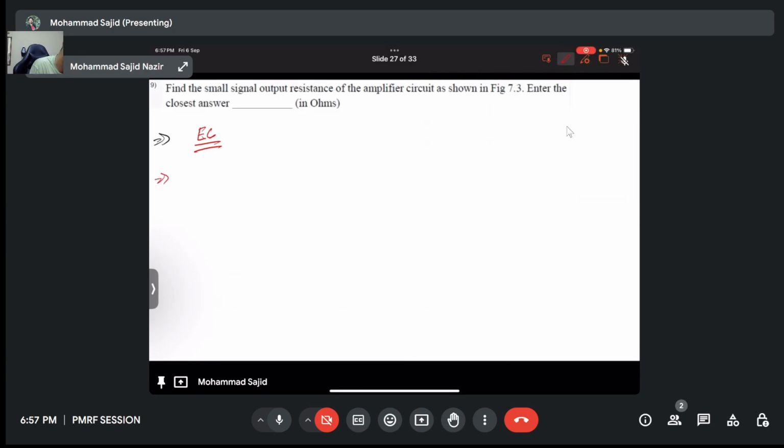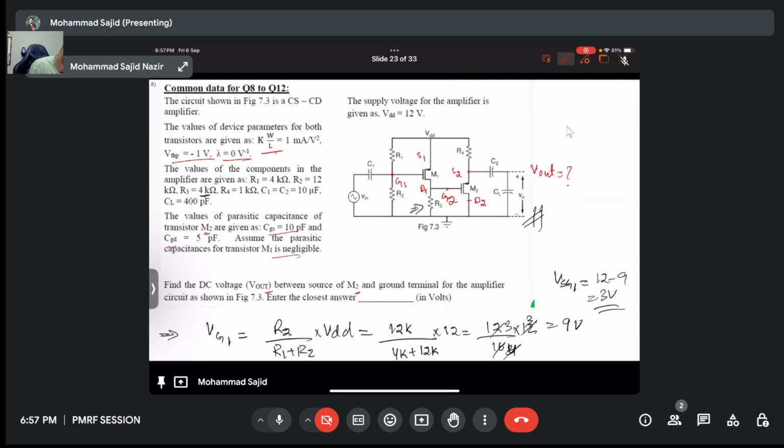So we need to draw the equivalent circuit for this figure.